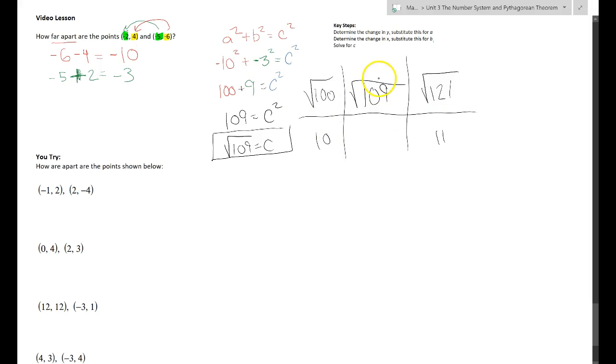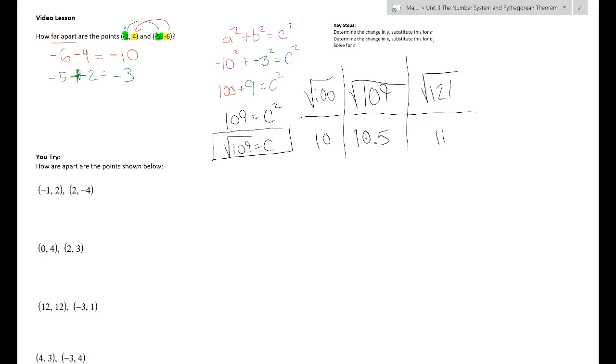And this appears to be essentially halfway between the two of these, just slightly closer to the square root of 100, but I'm still going to estimate around 10.5 as an estimate for the length of this line.